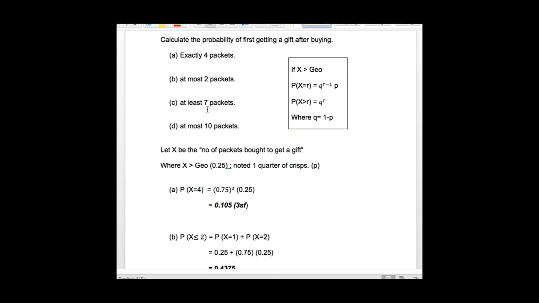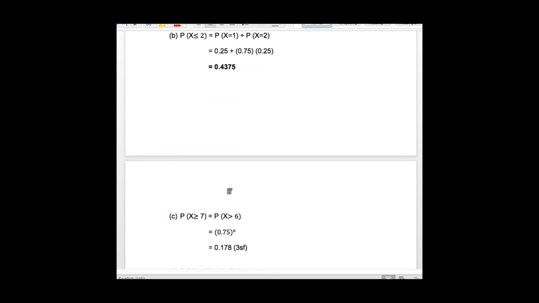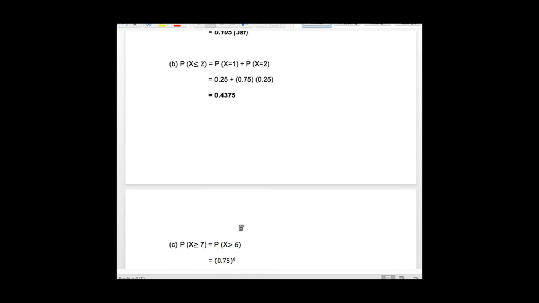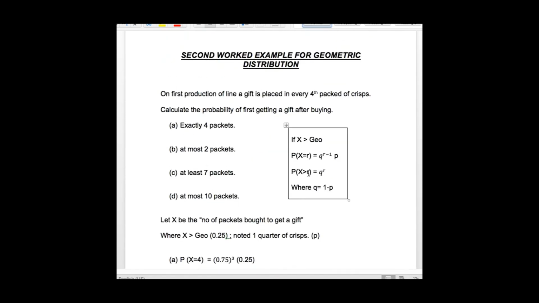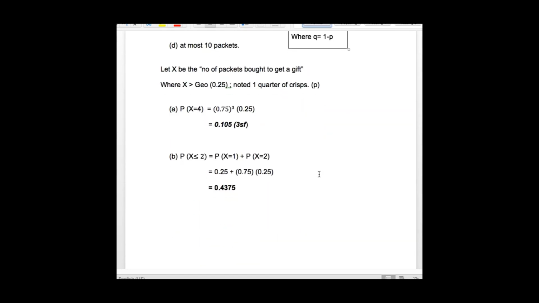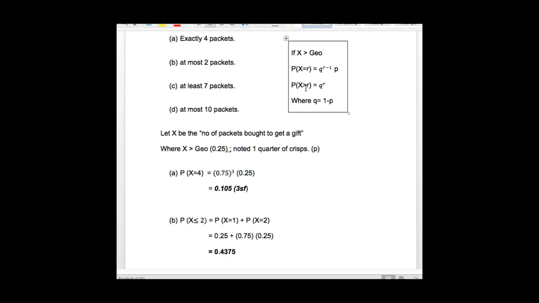Meanwhile, question C is at least 7 packets, which is P(S ≥ 7), which is P(S > 6), going from 7 to infinity. We cannot sum that directly, so we substitute using the formula. For infinity, we use P(S > r) = q to the power of r.